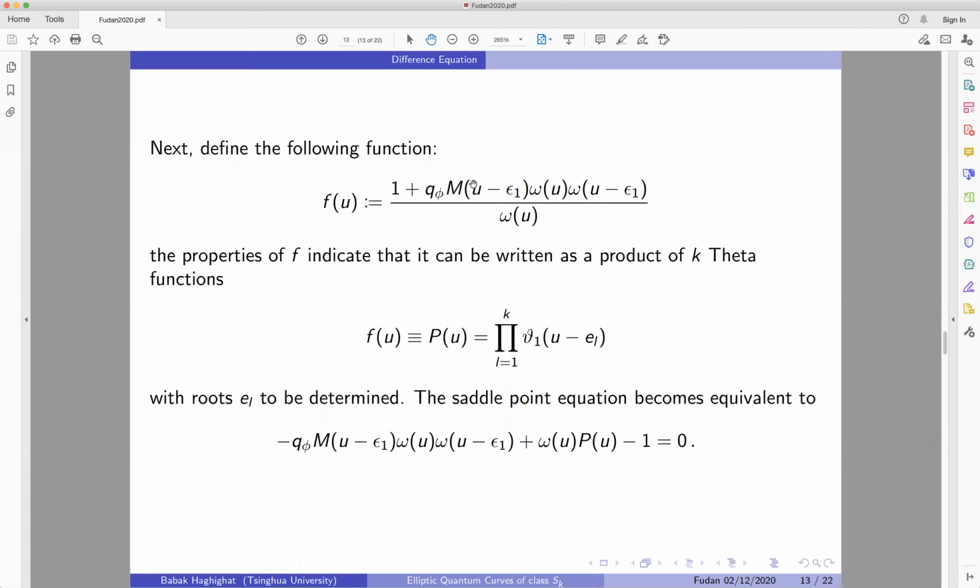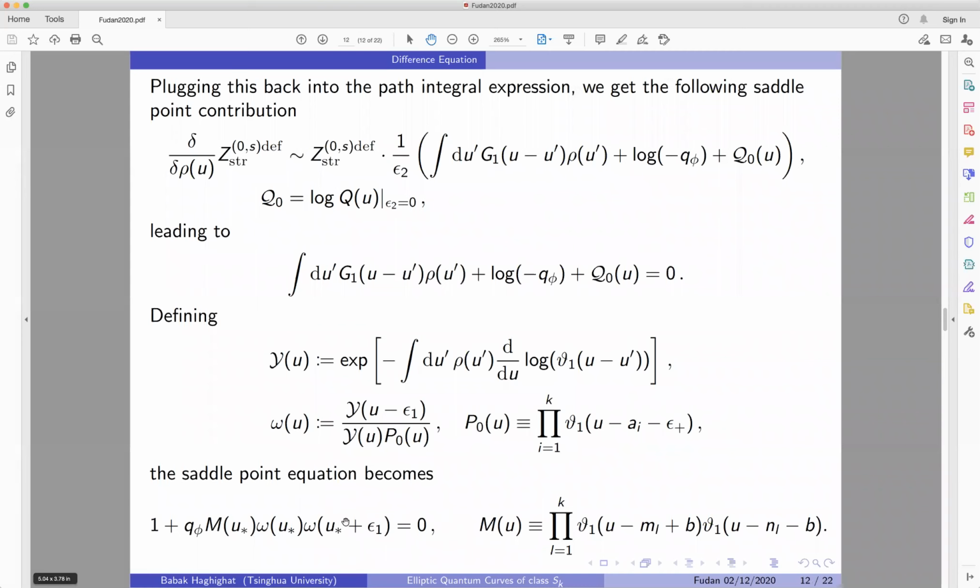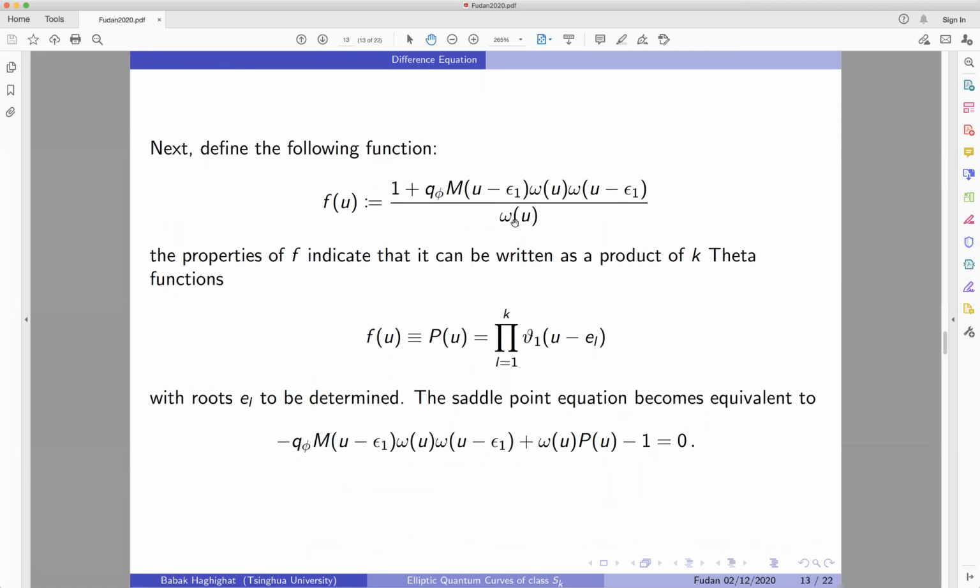And so this guarantees that the zeros of this piece here will cancel against the zeros of this one, which will occur for u star plus epsilon 1. And so therefore, this piece is totally holomorphic and has no poles. The poles all cancel.